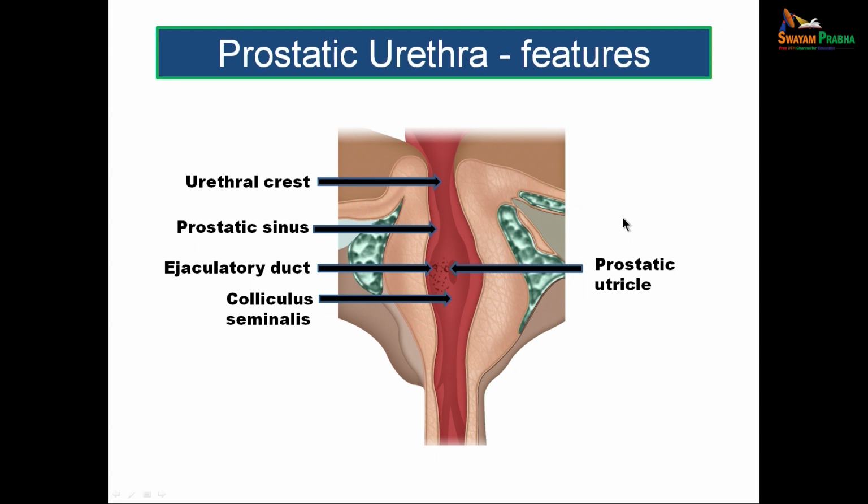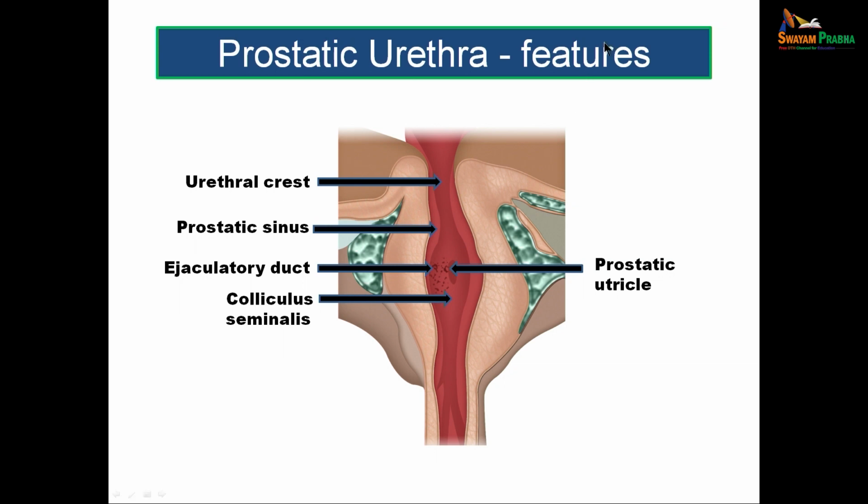Let us look at the features of the prostatic urethra. The prostatic urethra is a tubular structure with a lumen. The posterior wall of the lumen shows an elevation called the urethral crest. It is present throughout the prostatic urethra. So, the prostatic urethra on transverse section appears semilunar in shape with a slight projection from the posterior wall.